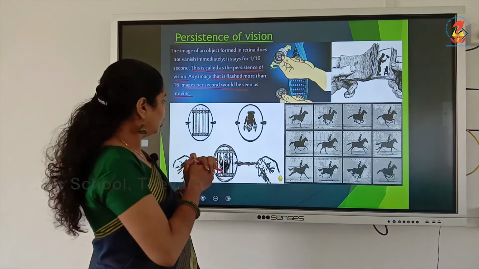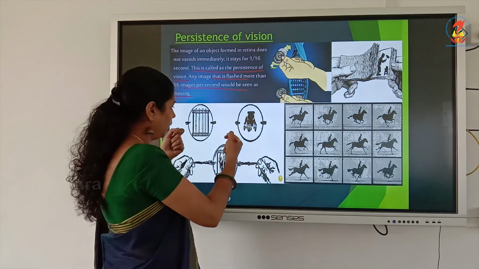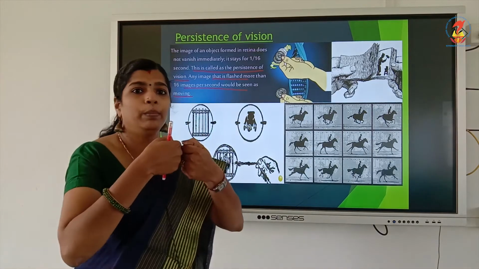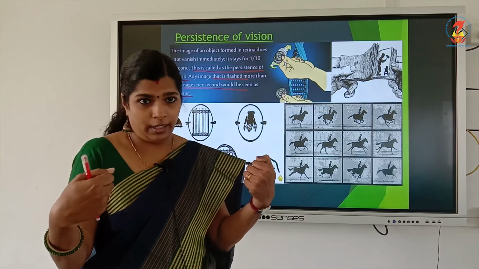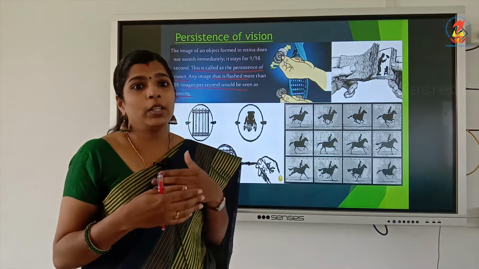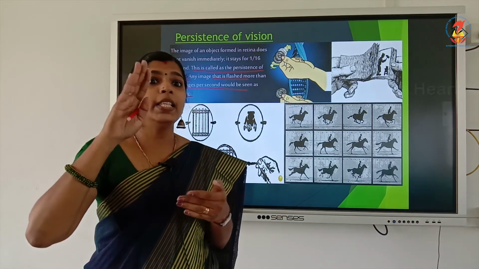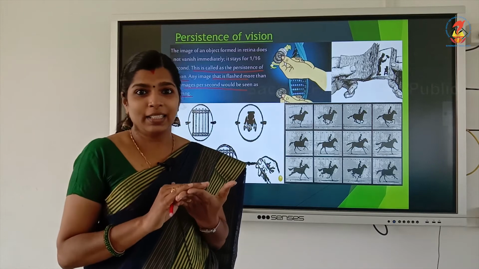Now, you make two holes at the end of the circular cardboard and tie it with the help of a thread. When you rotate it fast, you will be able to see that the bird is inside the cage.